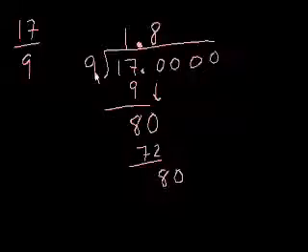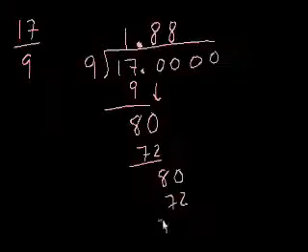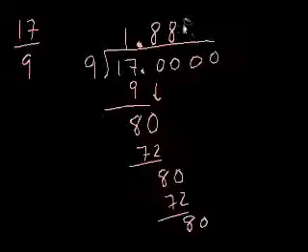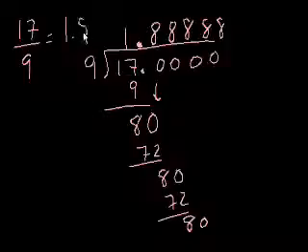I think we see a pattern forming again. 9 goes into 80 8 times. 8 times 9 is 72. And clearly I could keep doing this forever, and we'd keep getting 8s. So we see 17 divided by 9 is equal to 1.88, where the 0.88 actually repeats forever.